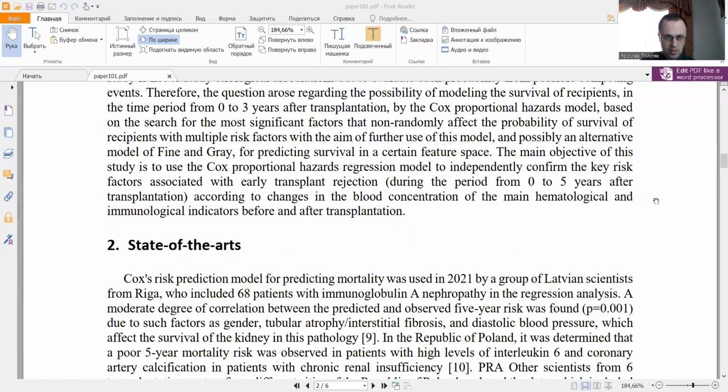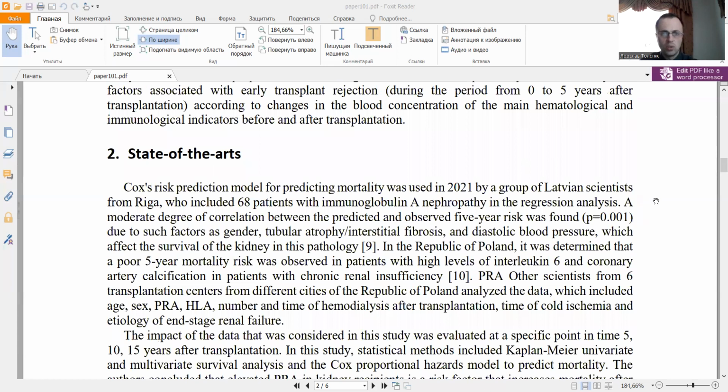The Cox prediction model was used by a group of Latvian scientists from Riga. In the Republic of Poland, determinants of poor 5-year mortality were studied in patients with liver interleukin 6 and coronary artery calcification in chronic renal insufficiency.